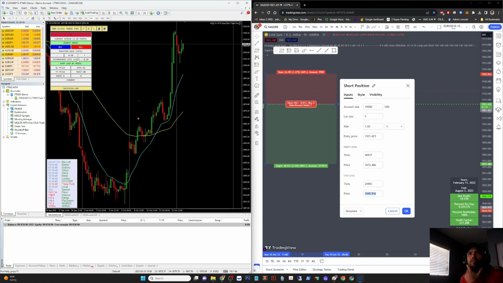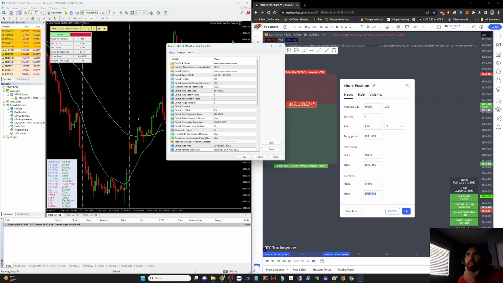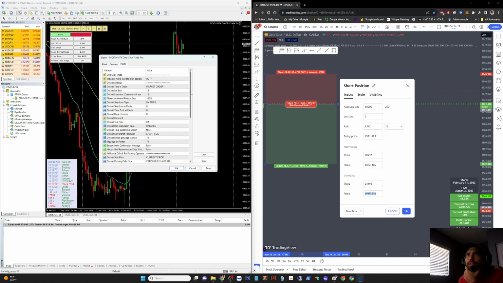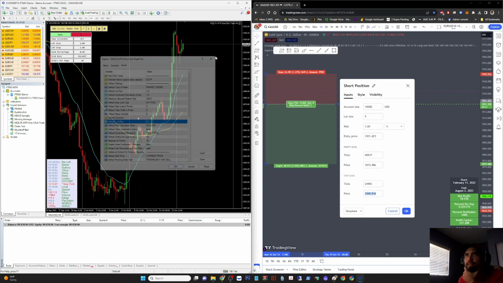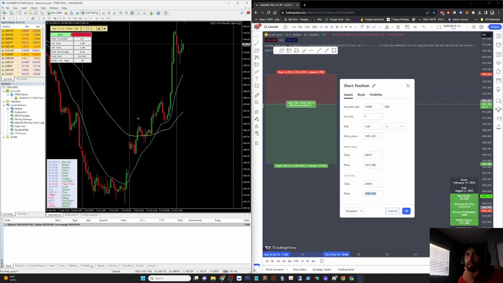Okay. So it's already calculated it for me, and it's going to risk, let's see, risk percentage 0.50. And then you can go in here and you can set the default risk right here. So 0.5% I'm default risking. Okay.